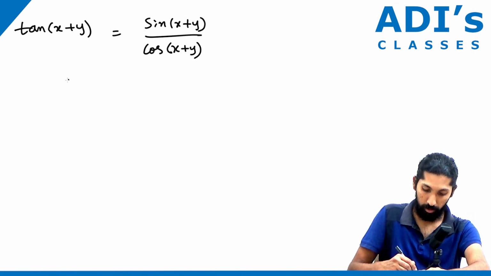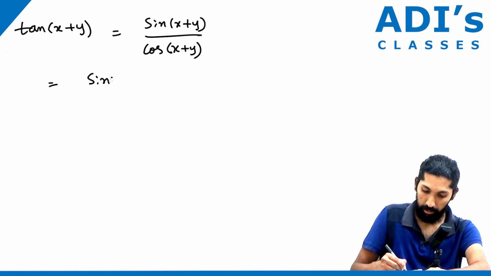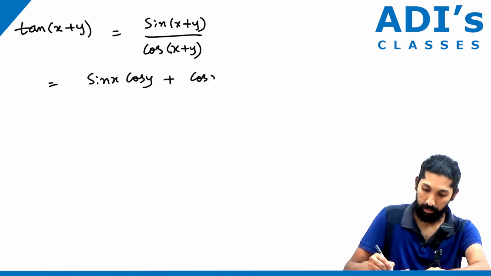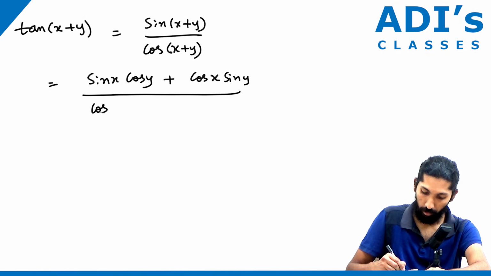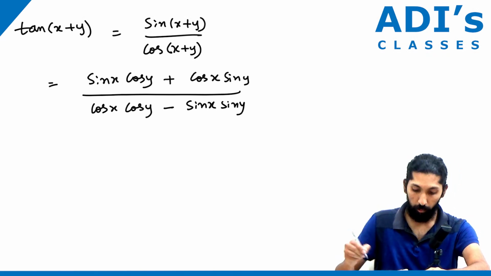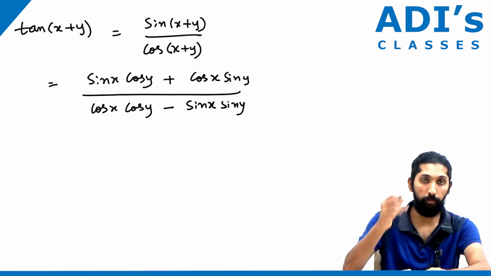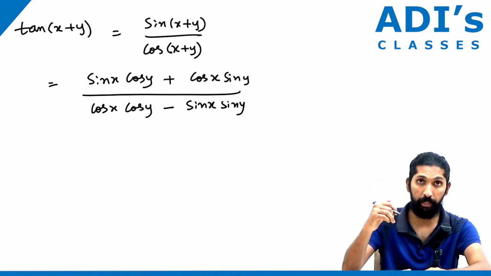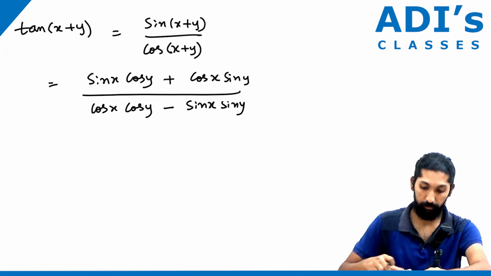This is going to become sin x cos y plus cos x sin y whole over cos x cos y minus sin x sin y. Right? Now what we do is we divide both numerator and denominator by cos x cos y.